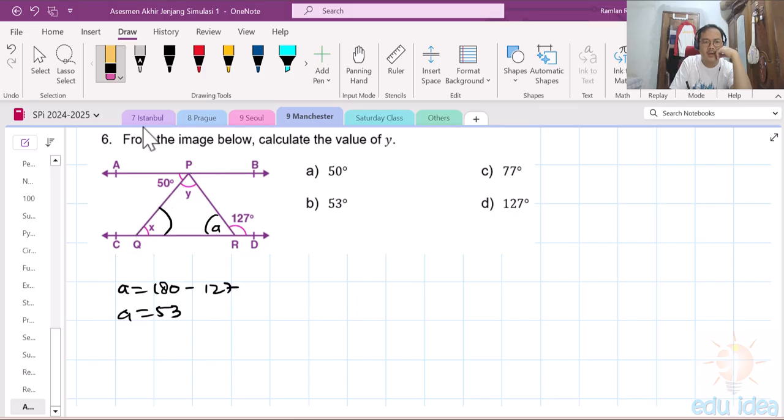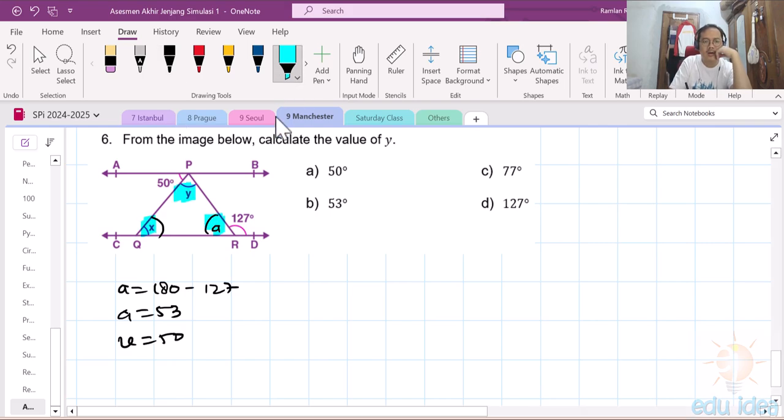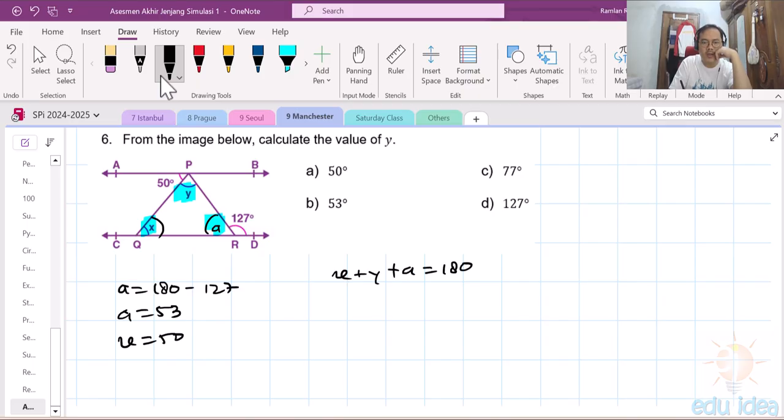So if this is the same, x will be equal to 50. Then, since these angles are inside a triangle, if you add everything you get 180 degrees. There's another way to do this, which I'll show you later. For this one, x plus y plus A equals 180 degrees.